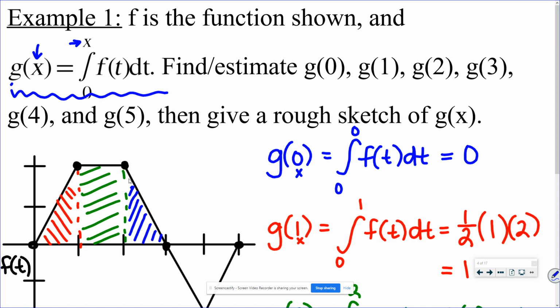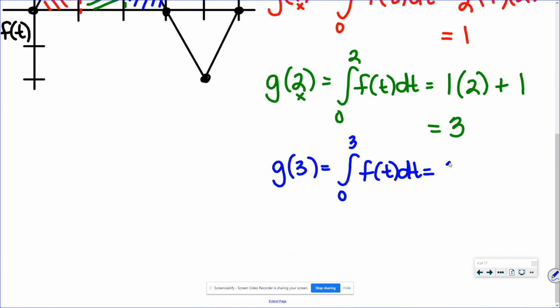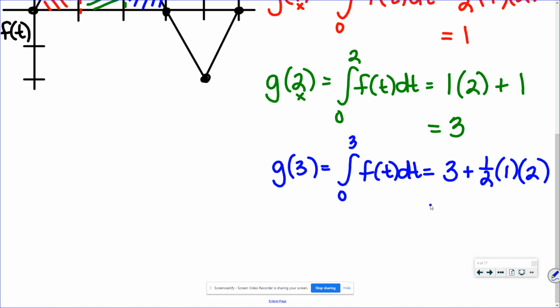I think I'm just going to find the area of this little blue triangle and add the area that I already had, which was 3. So if we add on this triangle, that would be 1/2. The base of that is 1 and the height of that is 2. So I think that's just adding on another 1 unit, so 4 would be the total for that.